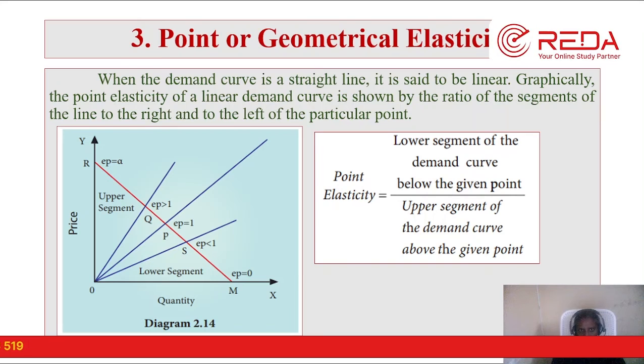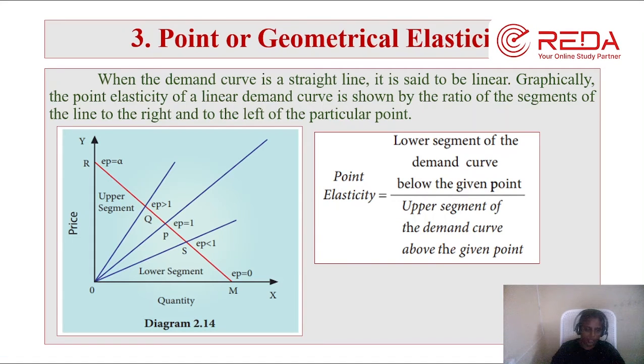Now here you see, on the x-axis we are taking the quantity demanded and on the y-axis we are taking the price of the commodity, and we are drawing EP greater than 1, EP equal to 1, and EP lesser than 1.